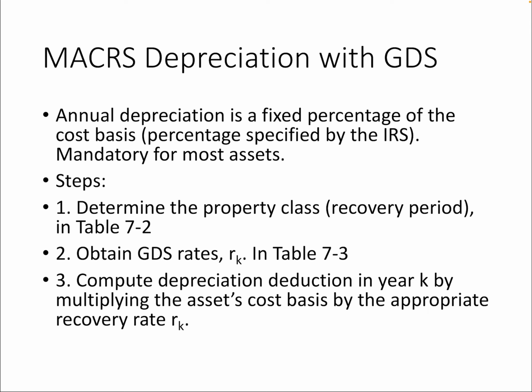Okay, so here are the steps if you want to calculate the depreciation deduction for each year with MACRS with GDS. First, the annual depreciation, the DK, is a fixed percentage of the cost basis, which means for every DK, you only need to use the B, the cost basis, times a fixed rate.